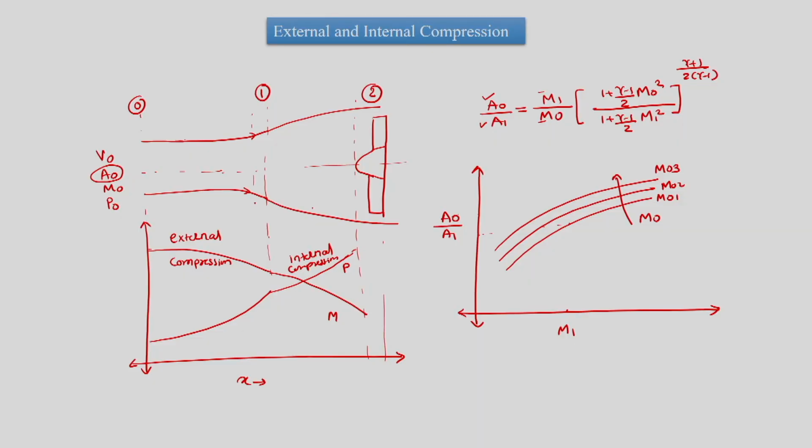Having said this, this is for internal and external compression, and we see that there is one curve or bluntness to the intake, and then that bluntness leads to expansion of the flow at the intake. So, M1 would have been the Mach number in this location, which is 1. Now, beyond that there is a decrement in cross section.